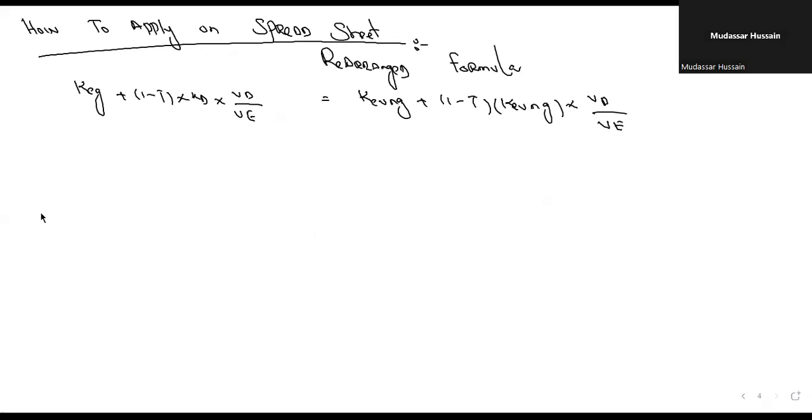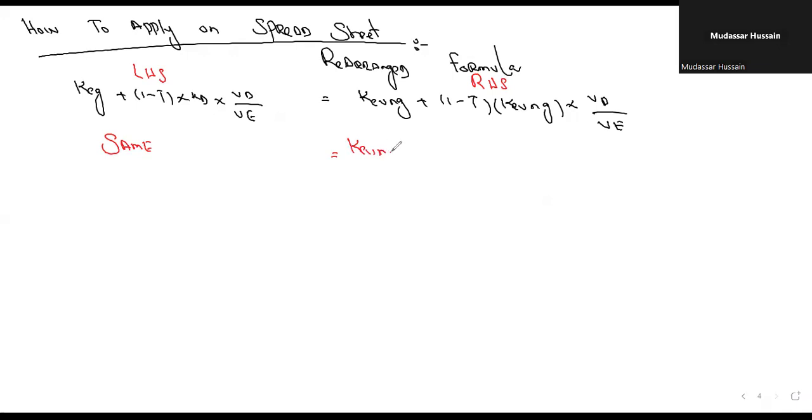On the spreadsheet, we will say this is your left hand side, this is your right hand side. The left hand side will stay same. On the right hand side, we are taking this cost of ungeared equity as common.